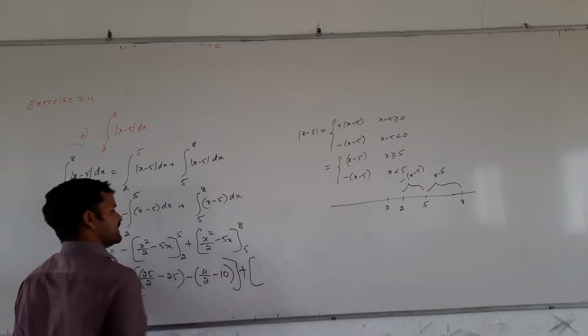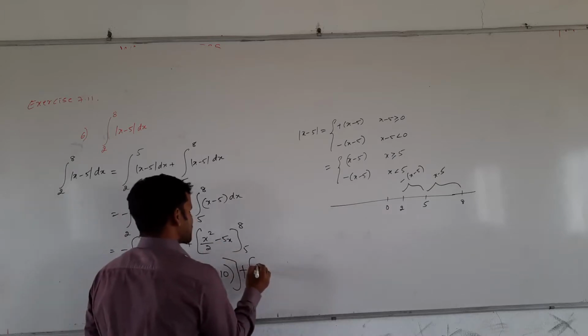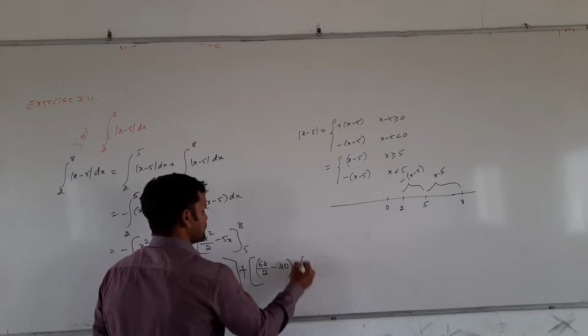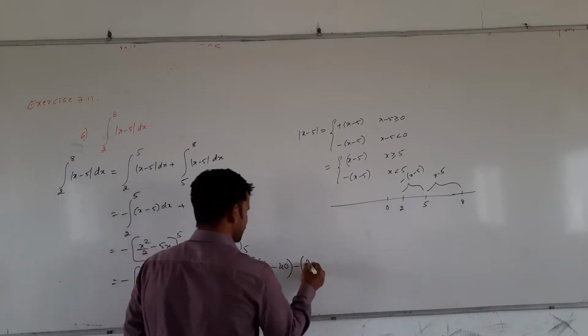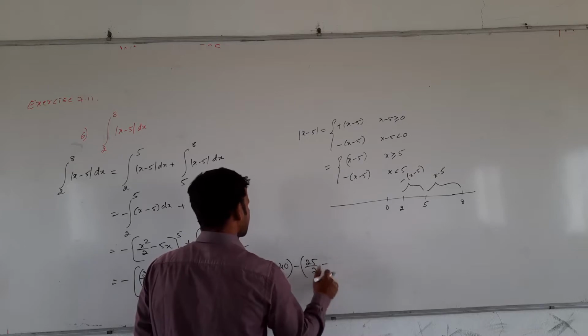Plus of, next, substituting the upper limit 8, 8 square is 64, 64 by 2, minus 5 into 8 is 40, minus of, substituting the lower limit, 5 square is 25, 25 by 2 minus 5 into 5 is 25.